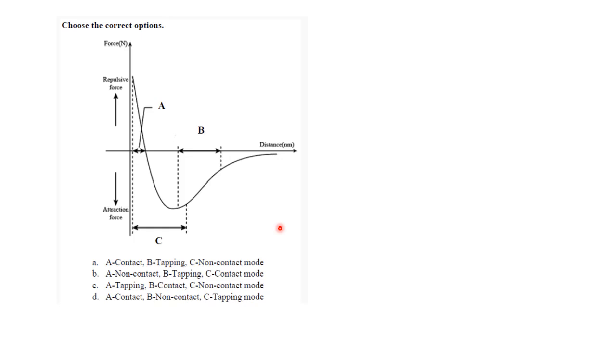Yeah, D is the correct option. Because A region is the contact mode type, because we are trying to observe the repulsive forces. Then B region is the non-contact type, and the C region is the tapping mode type. So option B is the correct.